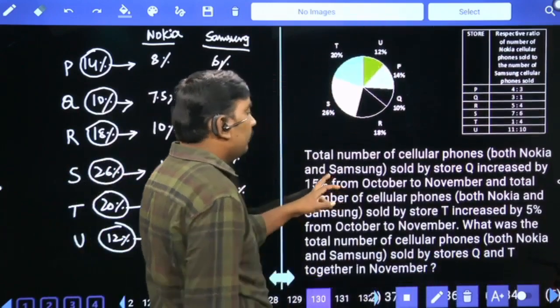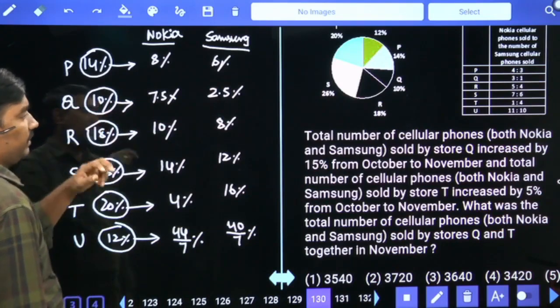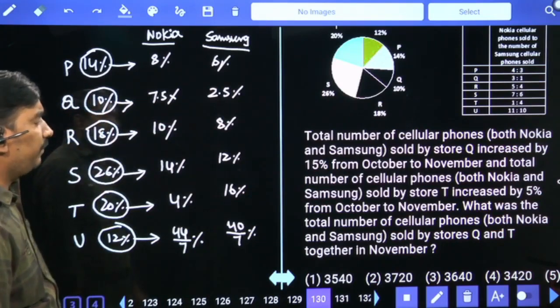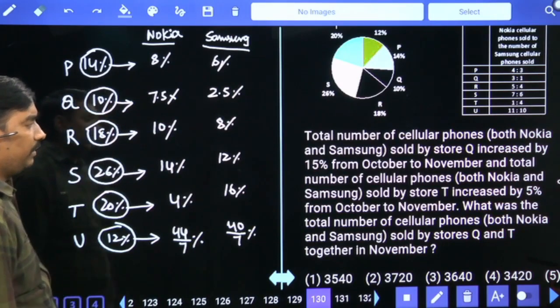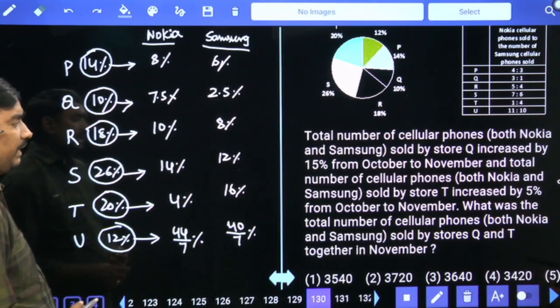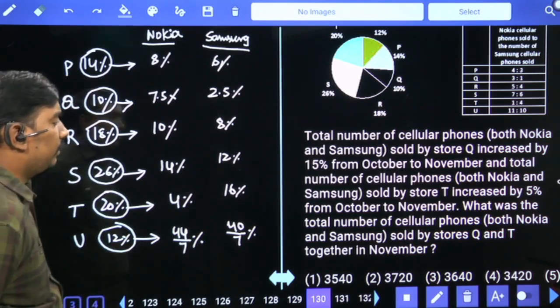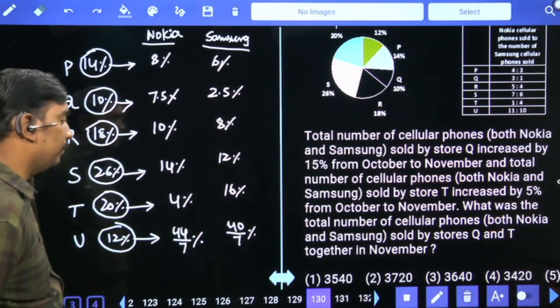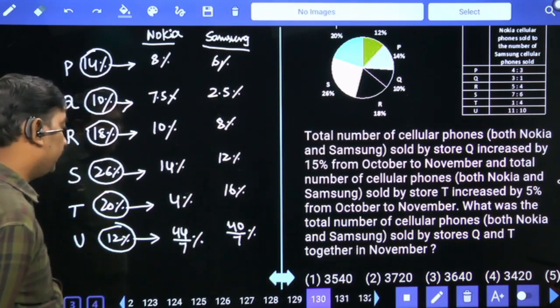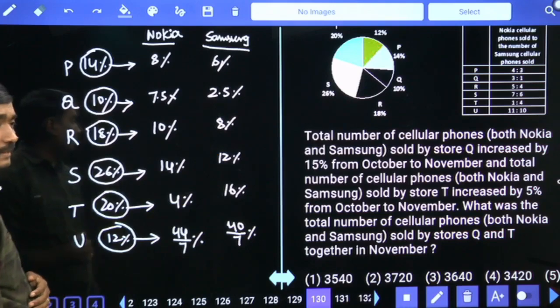Next, total number of cellular phones sold by store Q 10% is increased by 15% from October to November, and total number of cellular phones sold by store T increased by 5% from October to November. What was the total number of cellular phones sold by Q and T together in November? First of all, store Q increased by 15%.